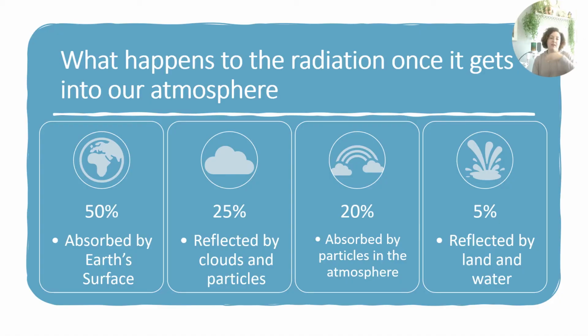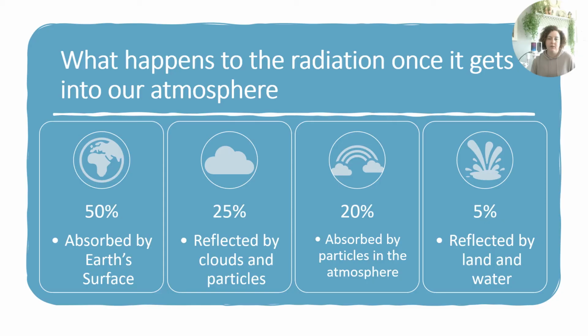So 25% get flung right back out into space, but 20% gets absorbed, and that's why our atmosphere tends to warm up. This would also be things like the ozone layer and all that.